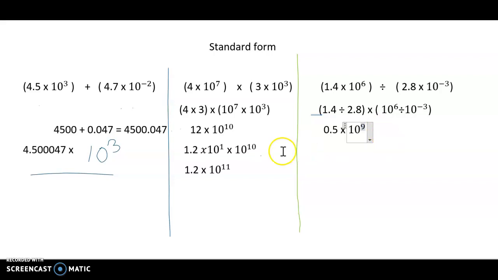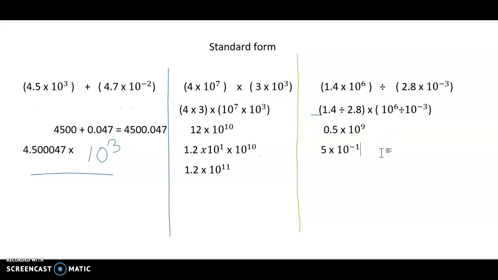Now we're not there yet, because as you can see, this 0.5 is not in standard form. So 0.5 in standard form is 5 times 10 to the power of, not minus 3, but minus 1.